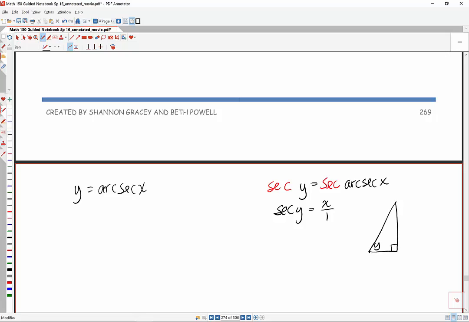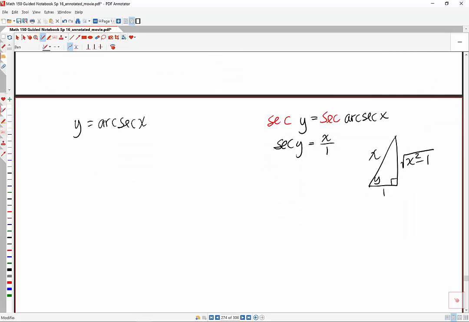The secant function is the hypotenuse over the side adjacent. So that'll make this side here the square root of x squared minus 1. And then coming back, we will have secant at y is equal to x, differentiating both sides with respect to x. We will have secant y times tangent y times dy dx, because it's implicit, and that's going to equal 1.